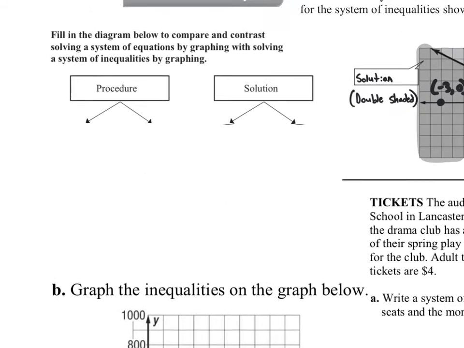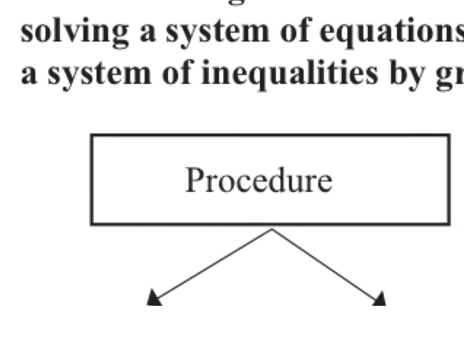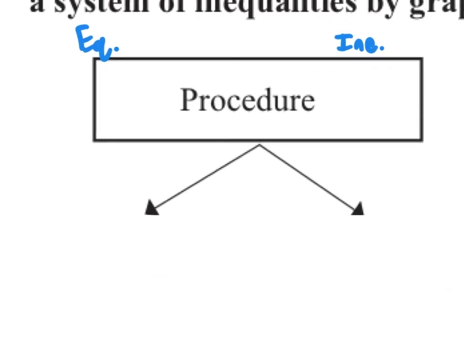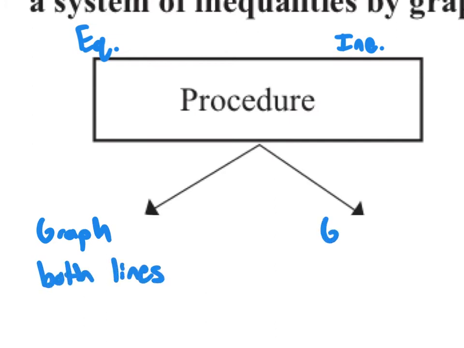So here's the difference between solving a system of equations by graphing and solving systems of inequalities by graphing. So if we make this side equations and this side inequalities, here we have graph both lines, right? And for this one, we're going to graph both inequalities.